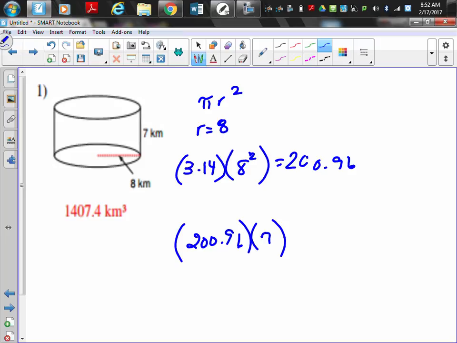I said that wrong a while ago. The pi button is second, and then the TP is pi. So if it does not specifically say use 3.14 for pi, then you use the pi button.